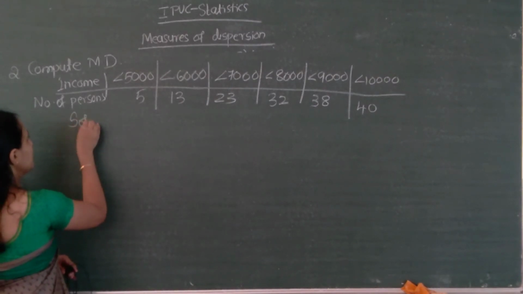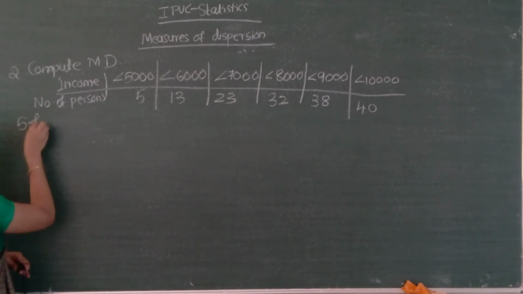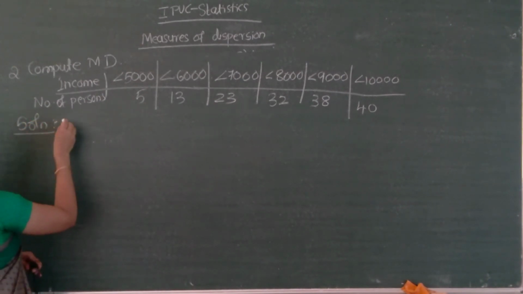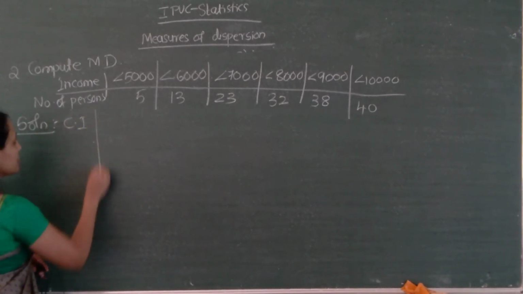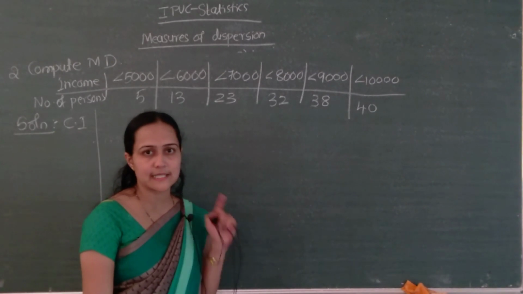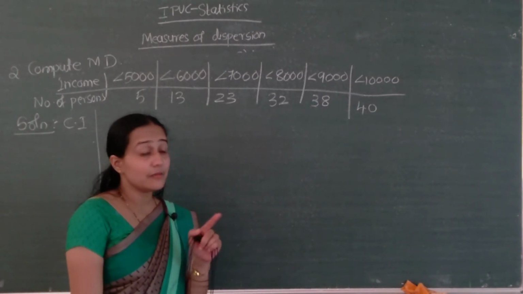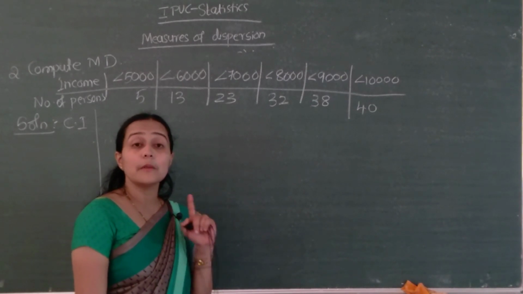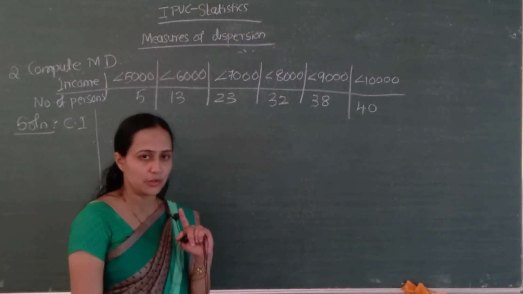So, solution. I will write here only, much space is required for such problems. Income, class interval. Actually, you have to write as it is in the problem, and you have to write the units for the first one. Units everywhere you have to write; coefficient is independent of units, all others contain units.